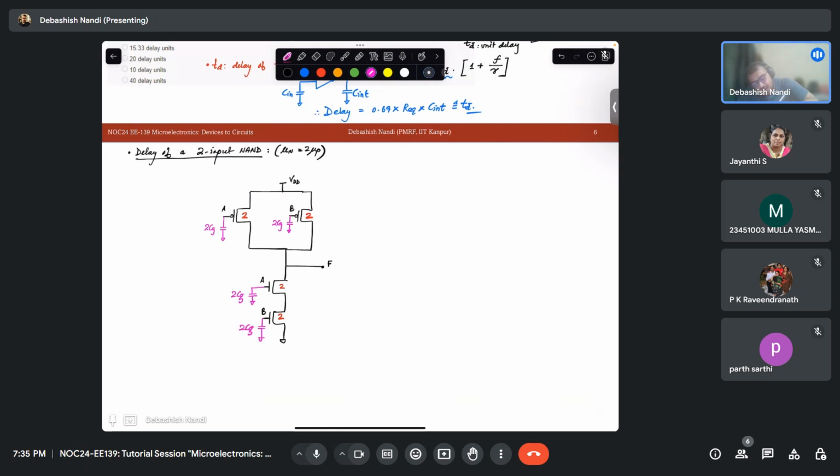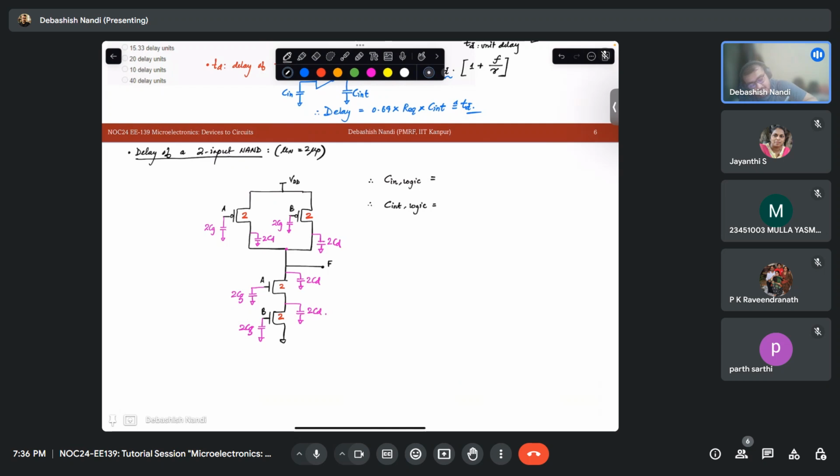2Cg. What about the output? So there will be 2CD here, 2CD here, this is the drain, there will be 2CD, and here also there will be 2CD. So from this diagram, can you tell me what is C in of logic and what is C internal of logic?